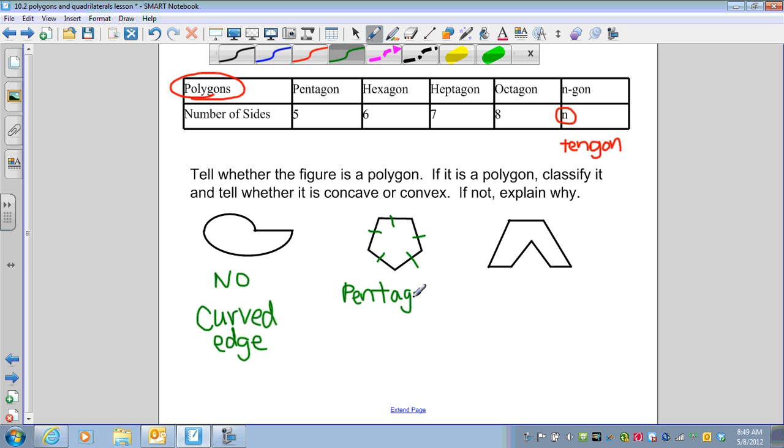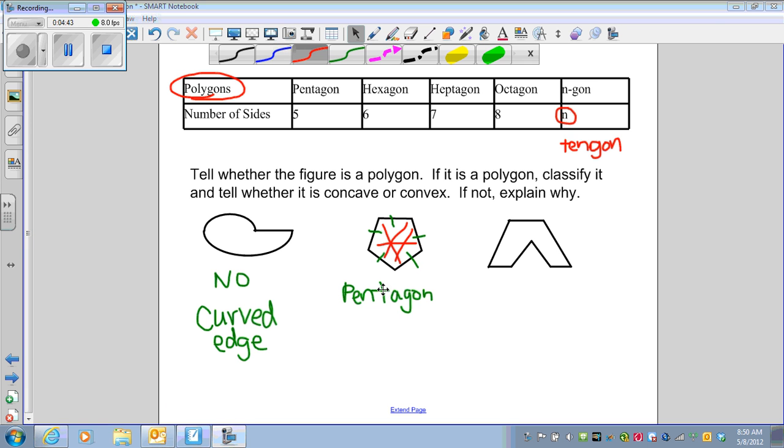And they look to be the same with the angles. So you could say that it's a regular pentagon. But let's look. Can we draw a line anywhere within without going outside? Yes. So it's considered concave or convex. Which is it? It's going to be convex.